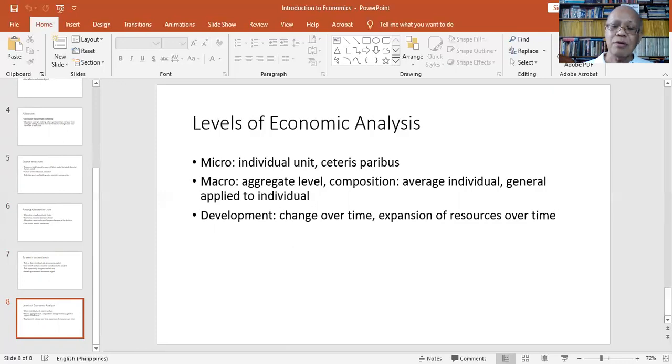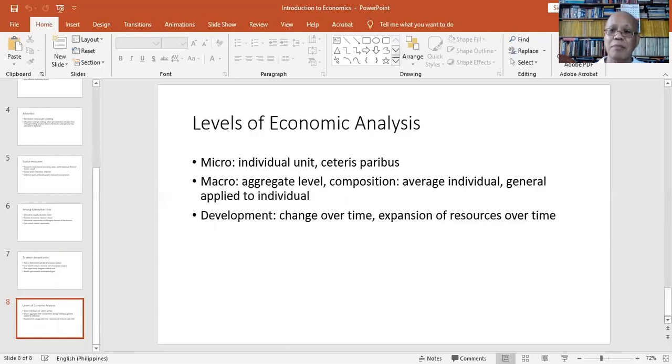Now, macroeconomics studies the economic behavior of aggregates. There is a logical difference between the behavior of aggregates and the behavior of individuals. So in macroeconomics, one studies the behavior of all consumers. So you have the consumption function. You have the behavior of all firms. So you have the investment function. There's the behavior of government, the entirety of government.